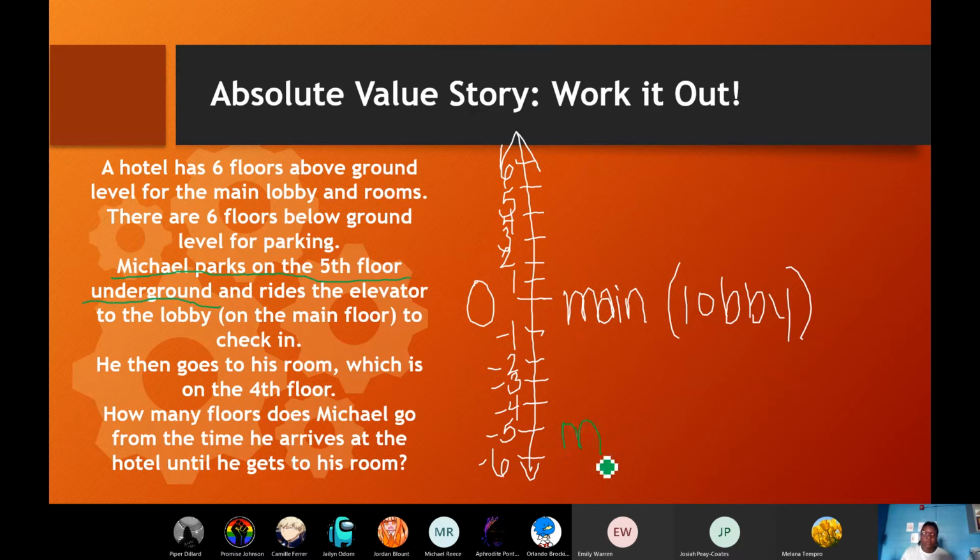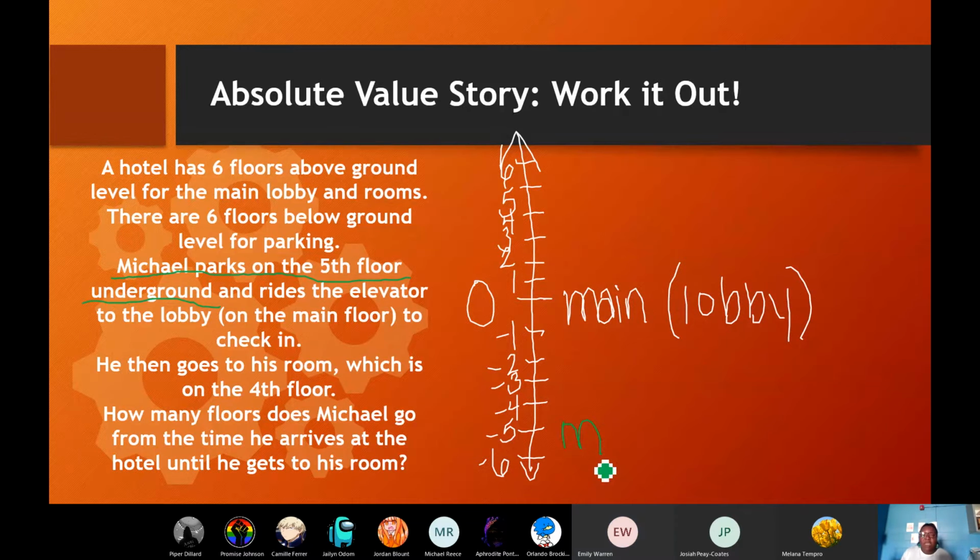You should too. Why did Miss Neville say that -5 represents the 5th floor underground? Because it's negative, that means it's under 0. Very good. It's below ground.